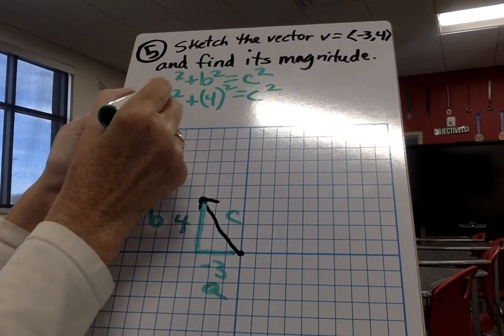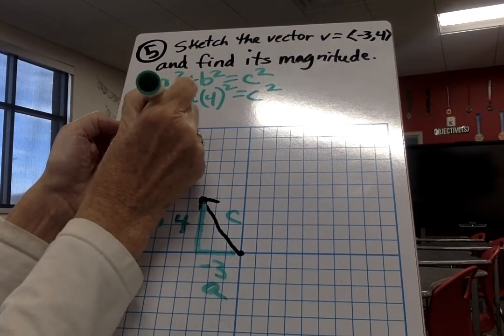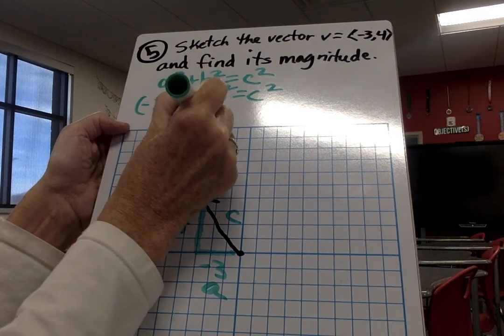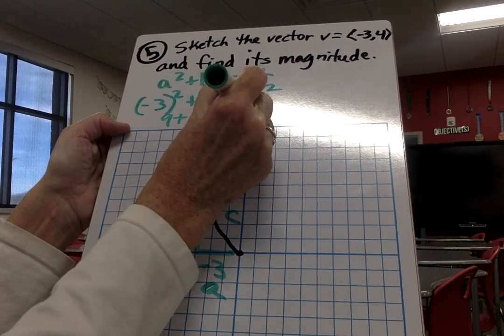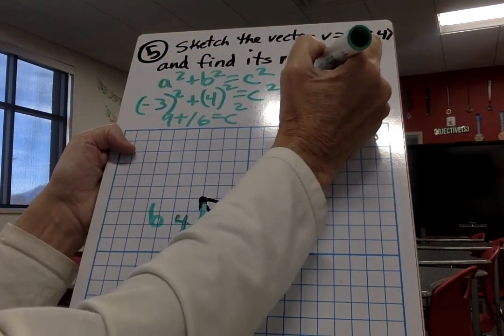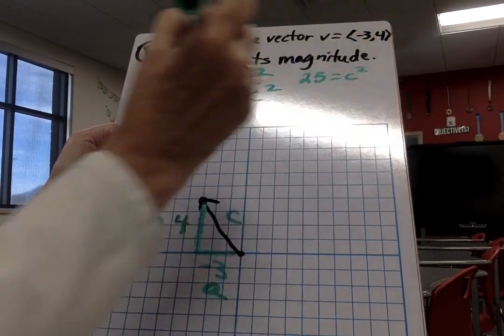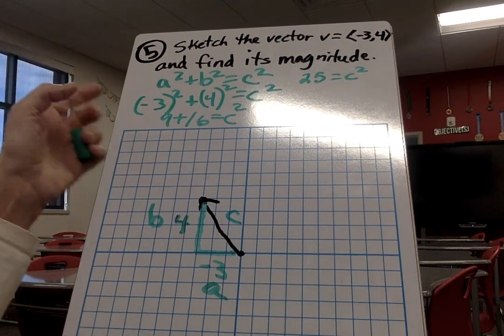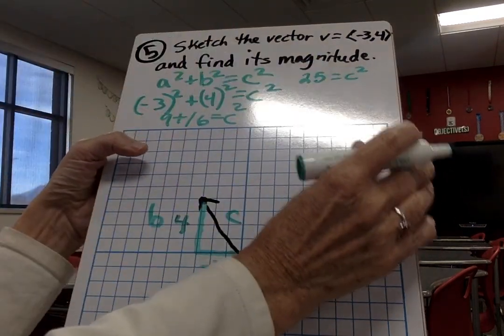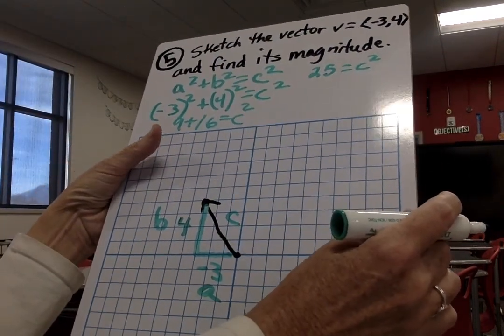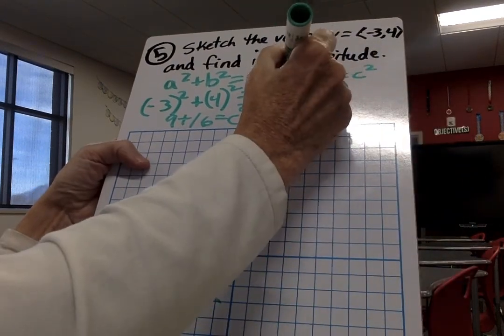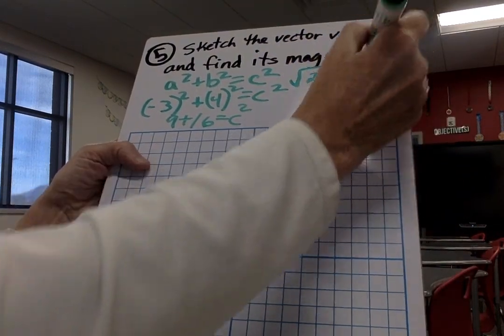Now make sure you square these before you add them together. So this is going to be 9 plus 16 equals c squared. Then we add 9 and 16 and get 25 equals c squared. Then we take the square root of both sides.